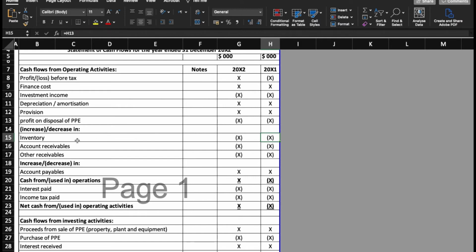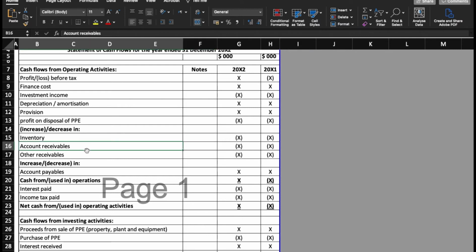It means last year's figure minus current year's figure gives you the decrease or increase. If the amount is a decrease, you need to add. If it is an increase, you need to deduct that amount, as is shown here in the format.